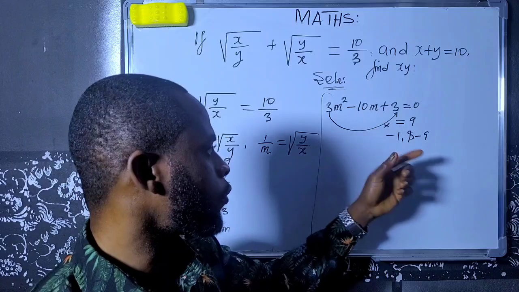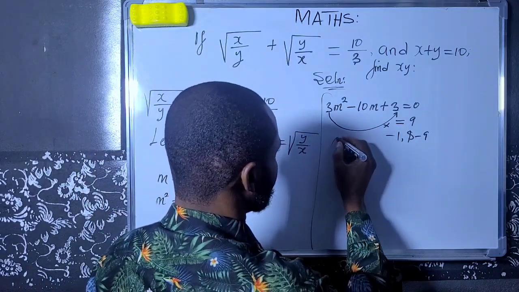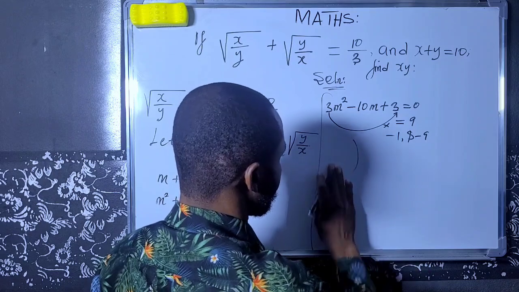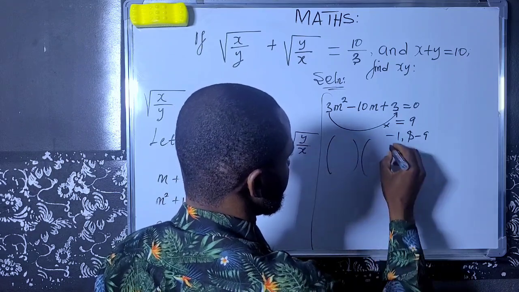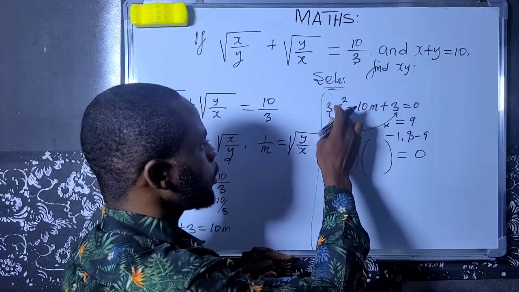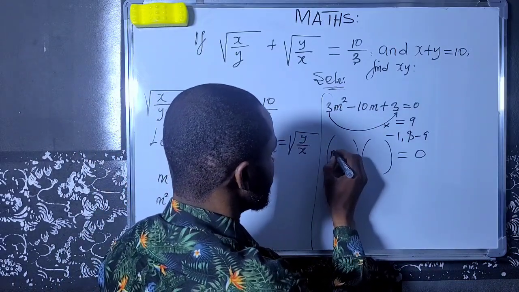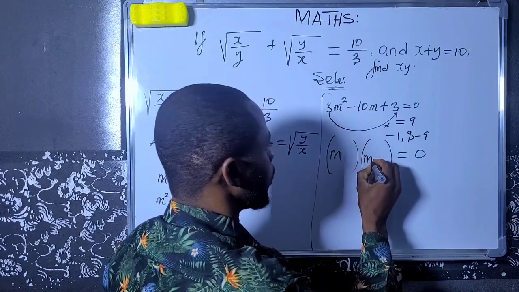Then now, since you have achieved this, open two parentheses like this and equate this to 0. Now, since this is m square, we insert one m here and another one here.